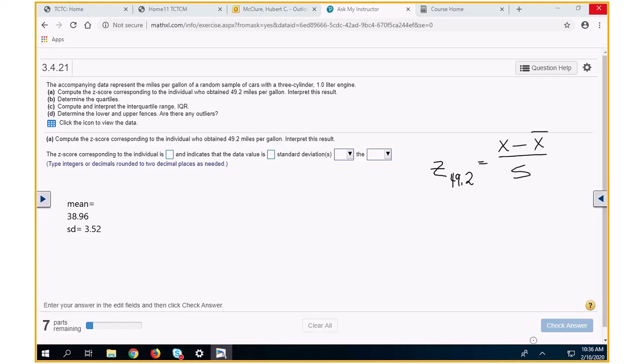Good job. So z, so 49.2 is equal to 49.2 minus 38.96. Well, since they're rounding to the 10th, I'm going to round to the 10th. That'd be 39, right? Over 3.5. Somebody crank that out for me.